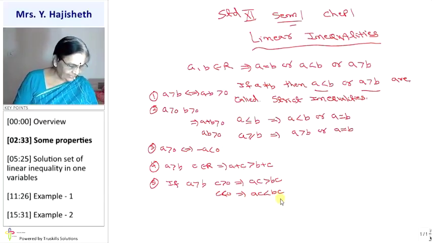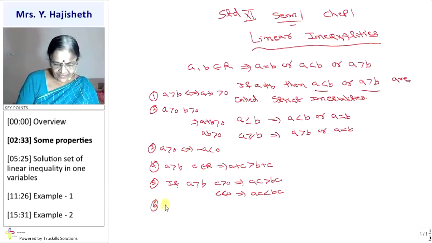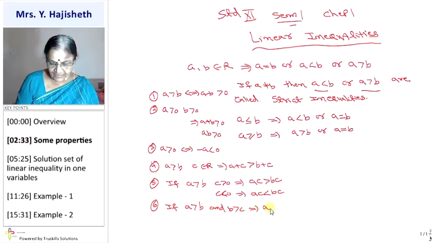And then many more. A greater than B, and if B greater than C, implies A greater than C. This is law of transitivity.